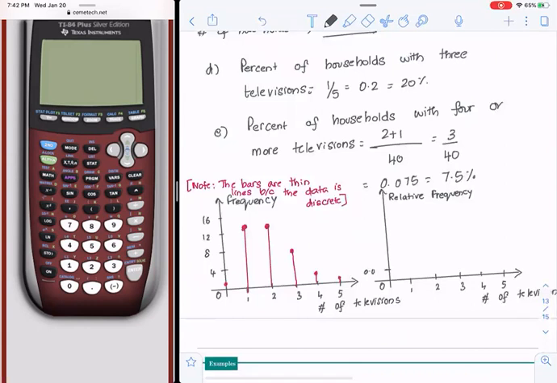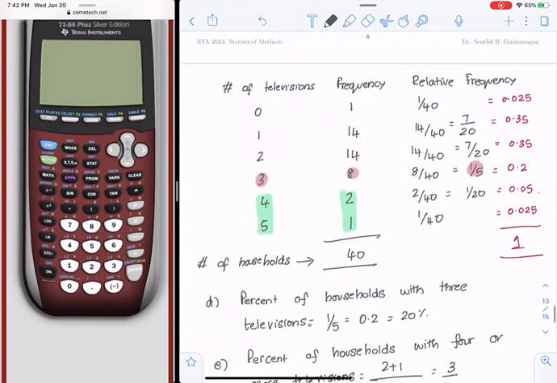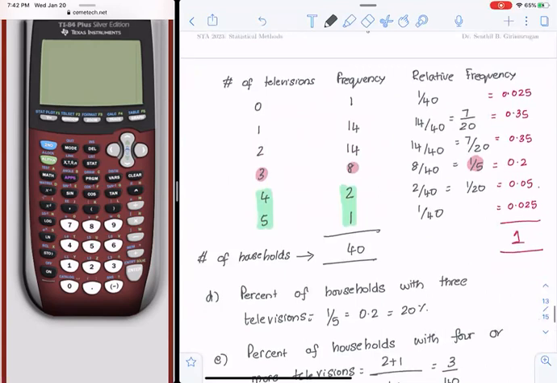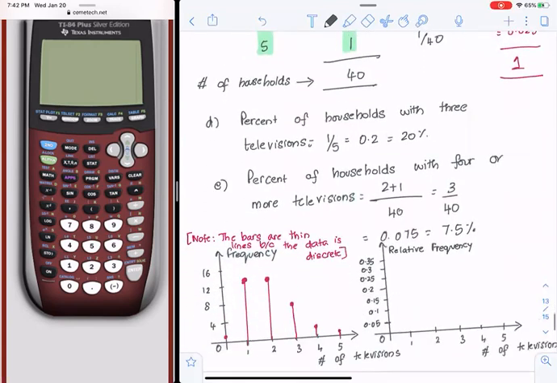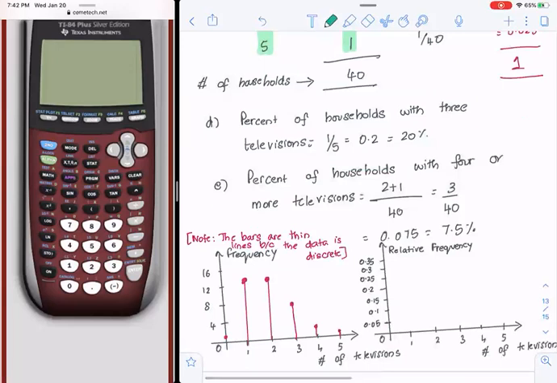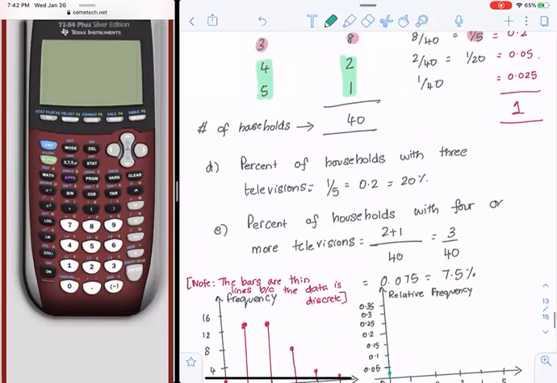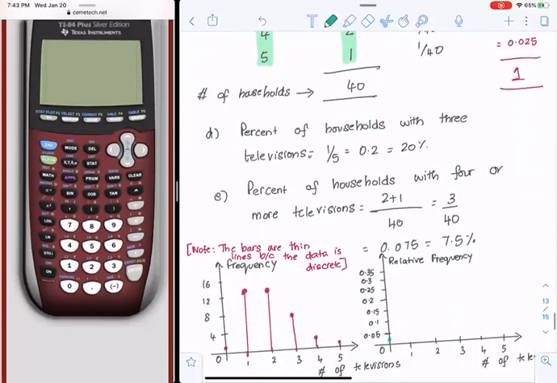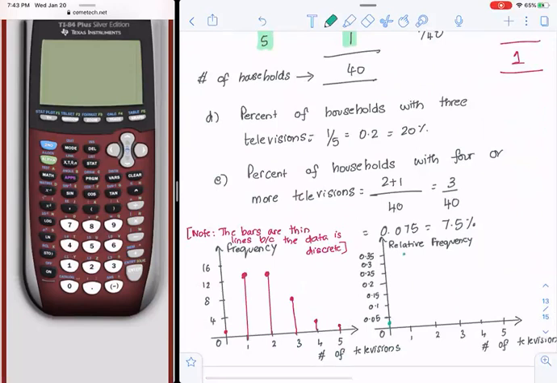In other words, 5%. So 0.05, 0.1, 0.15, 0.2, 0.25, 0.3, 0.35. So the number of households with 0 televisions would be 0.025, which is 2.5%. So it's probably right over there. The number of households with exactly one television is 35%, which is right over there.